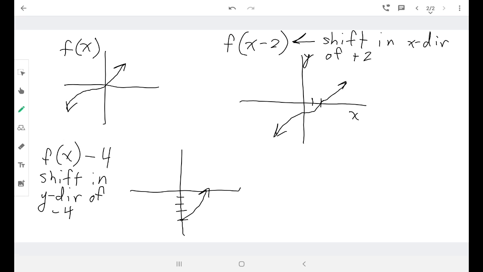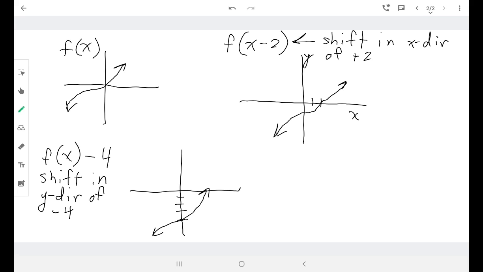It would have the same shape, it just moved down now. Think of this as grabbing something on your computer screen with your mouse, picking it up and putting it down. That's how you can think of this.